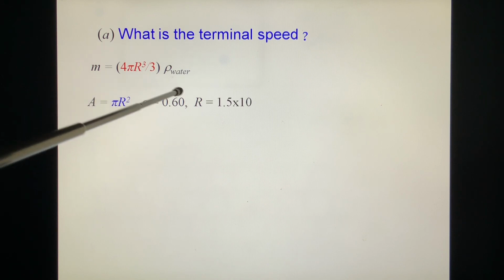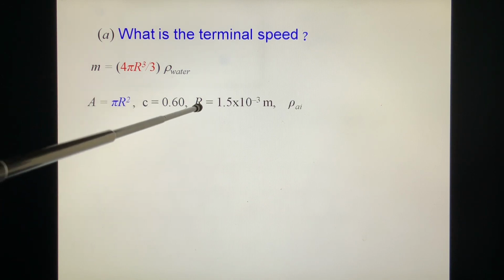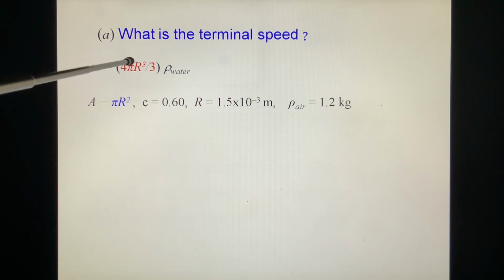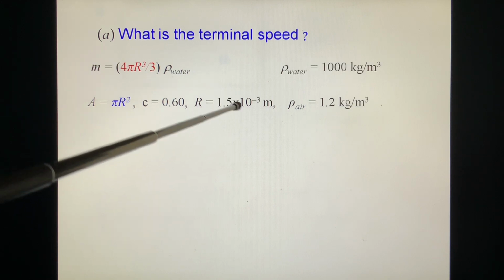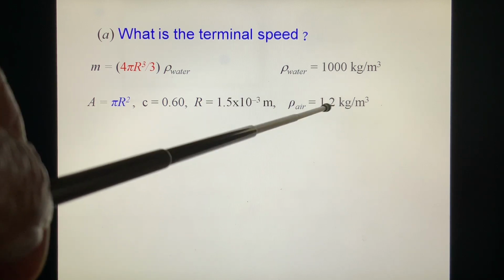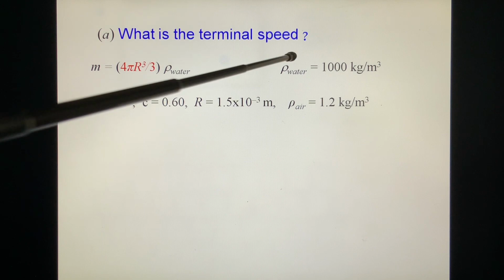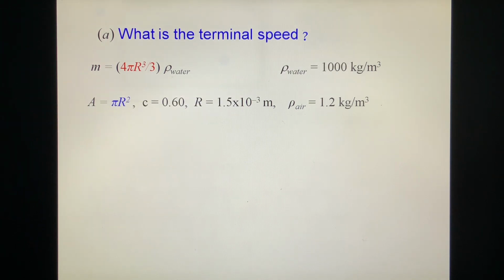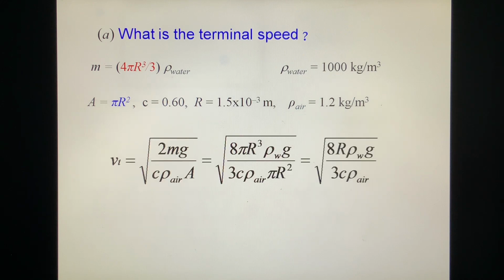C is 0.60, and the radius r is 1.5 millimeters, which is 1.5 times 10 to the minus 3 meters. The rho air is 1.2, and the rho water is 1000 kilograms per cubic meter. All these we put in the formula, and you get an answer. That's very straightforward: about 7.4 meters per second, or 25 kilometers per hour.